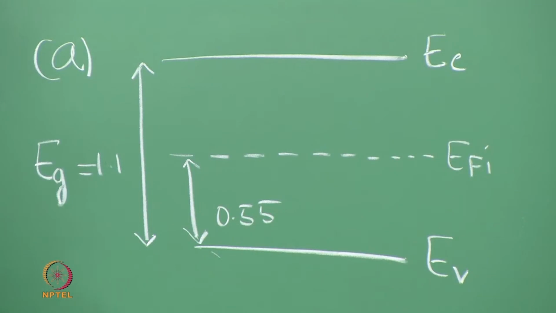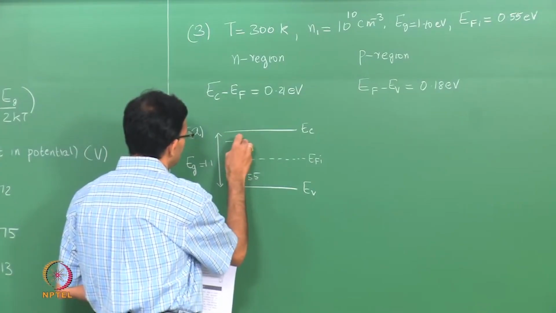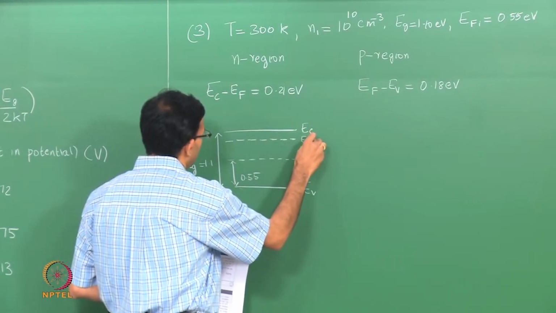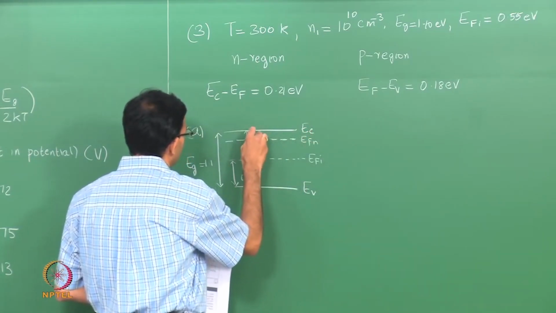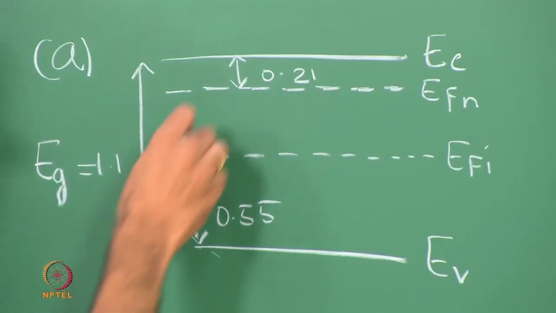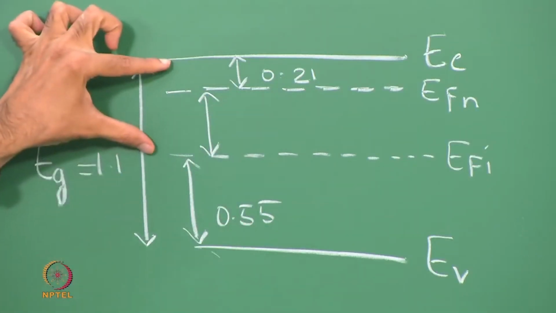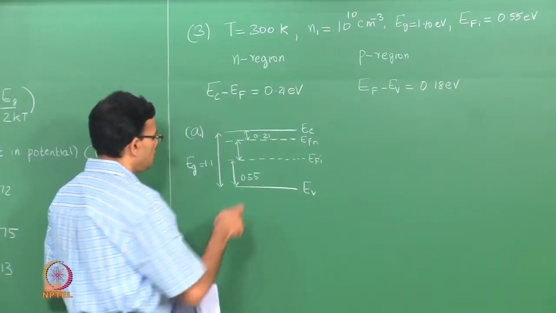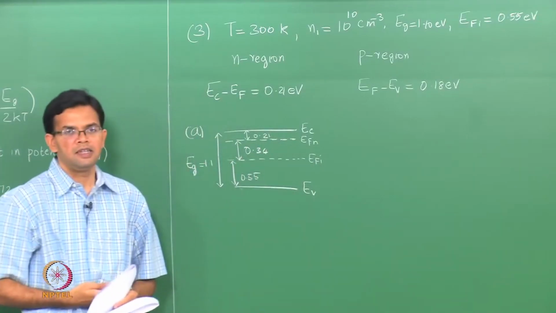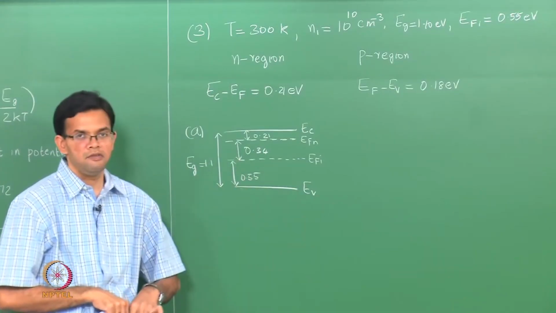This question says Ec minus Ef is 0.21. So, the Fermi level on the n side, EFn, is 0.21 electron volts below Ec. So, this height, which is nothing but 0.55 minus 0.21, is 0.34. All the energies are in electron volts. I am just not writing the units, but everything is in eV.